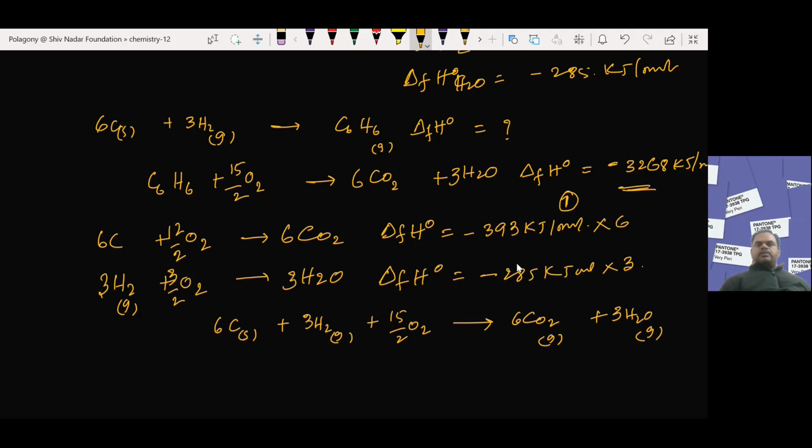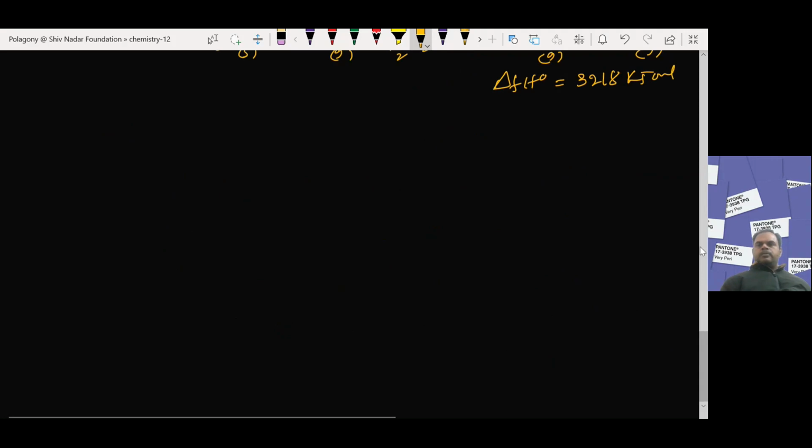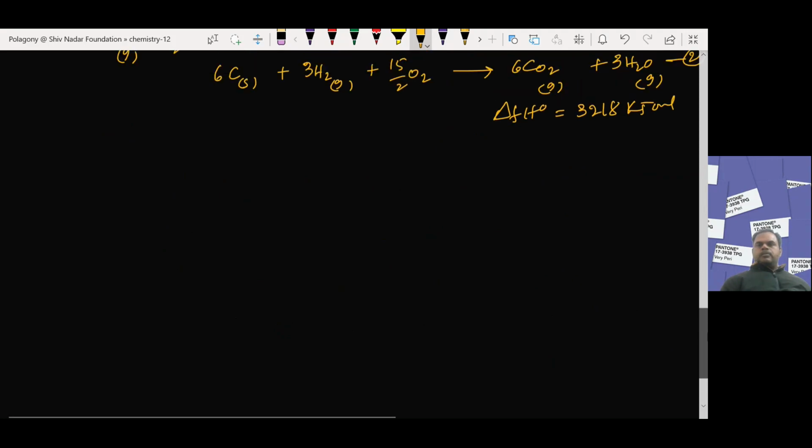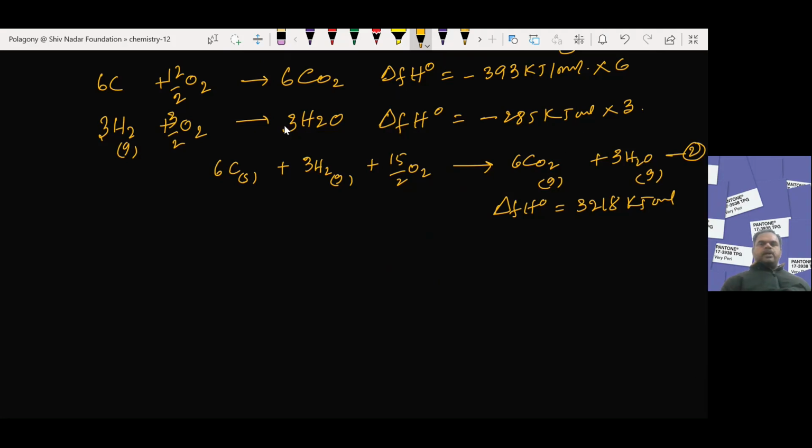If you sum this up, the standard enthalpy of formation is equal to minus 3218 kilojoules per mole. This is the second equation. Equation number 1 and equation number 2 we got.